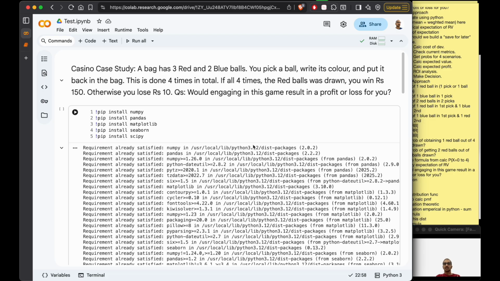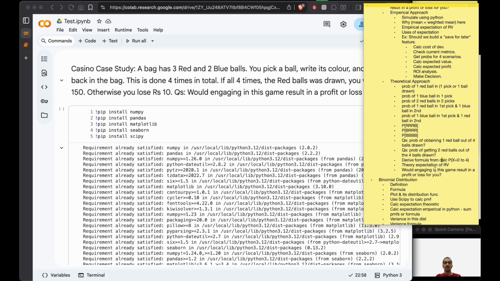So we can use the same method, the way we calculated probability just now for single red and for 2 reds, then we'll calculate 3 reds and 4 reds as well. Once we do that, we will get the winning probability.